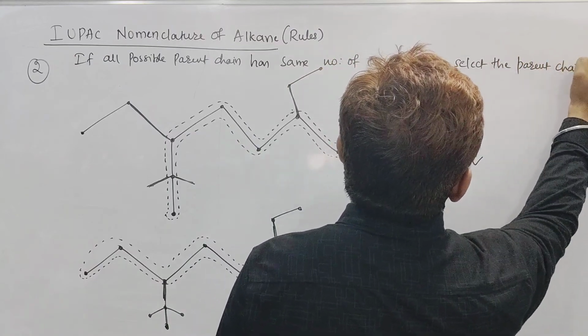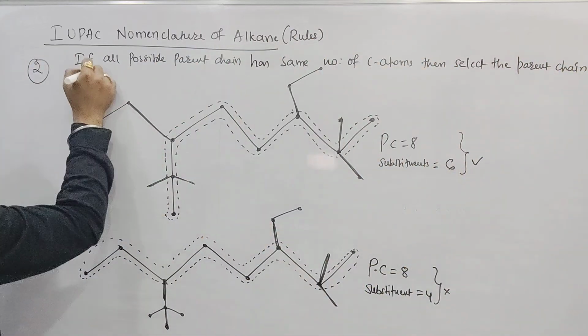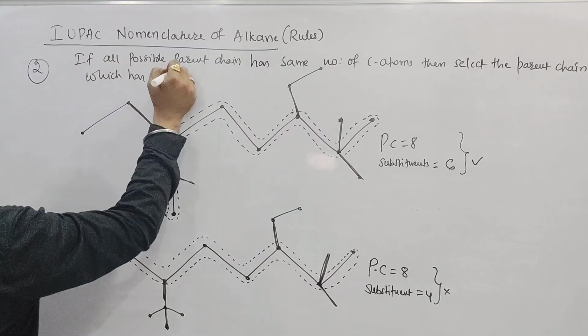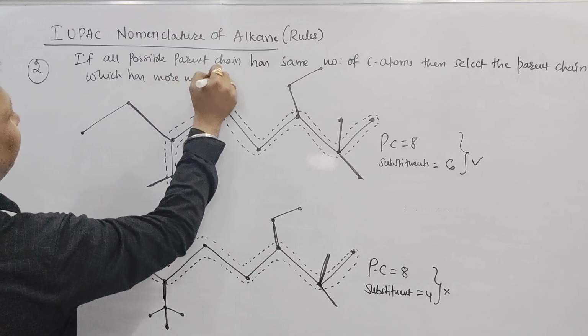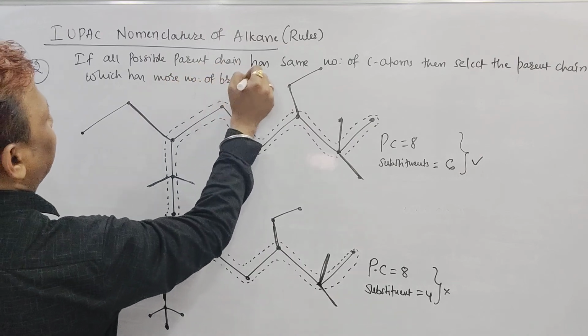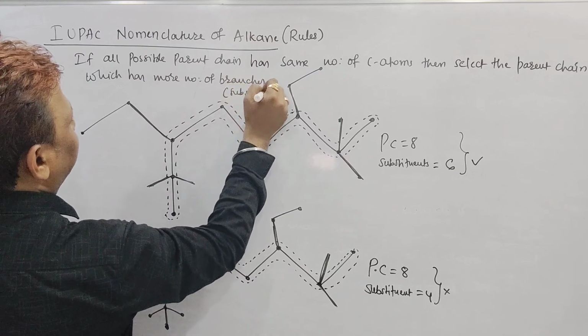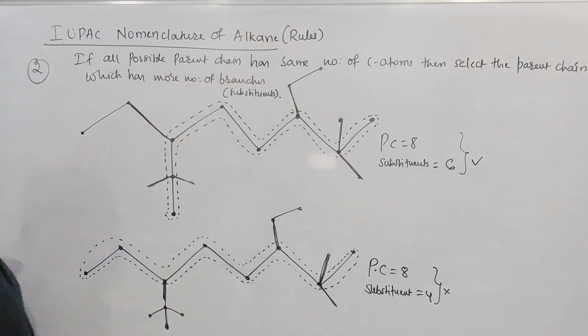How, beta? Then select the parent chain which has more number of branches. Sir, can we call these branches a what? Sir, we can call these branches substituents.